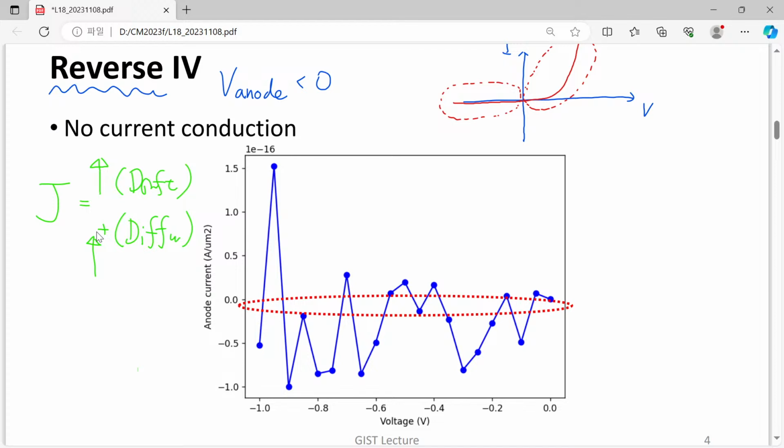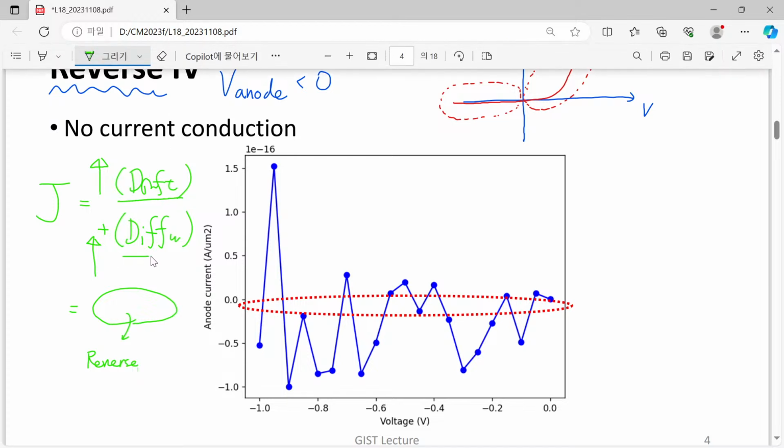So they are cancelling each other. So the remaining small result is the reverse leakage current. Since this value is quite high and this value is quite high, you know that's the problem. For example, it's like this. Here we have 10 to the 16, another number minus 10 to the 16.